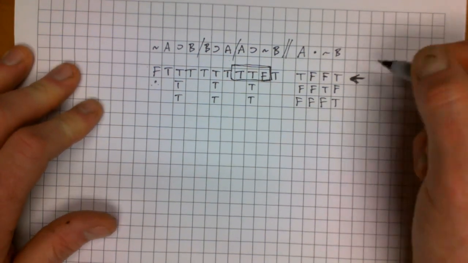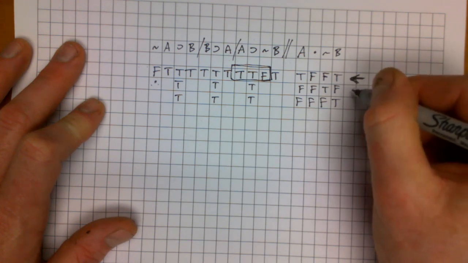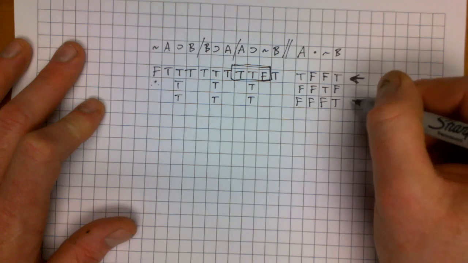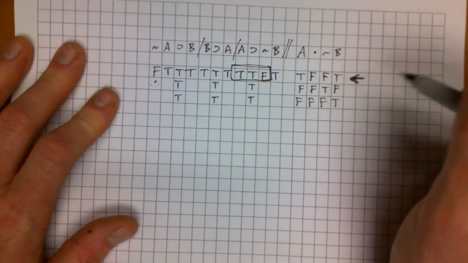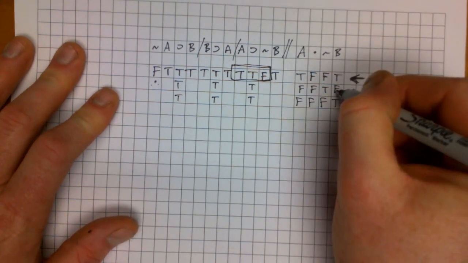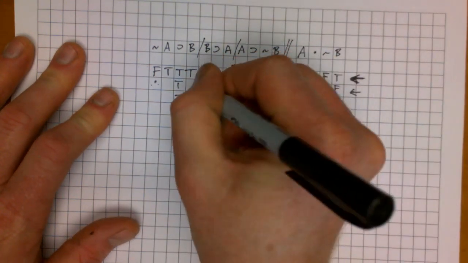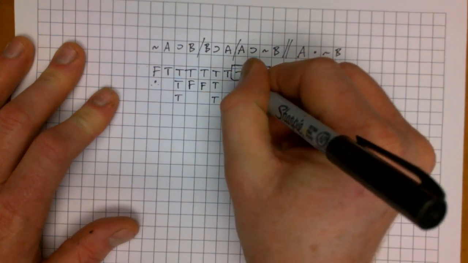But I'm not permitted to conclude that it's invalid yet, because I have to see whether any of the remaining two possibilities would yield a consistent line. So now I have to go down to my second line. Here, B is false, and A is false.